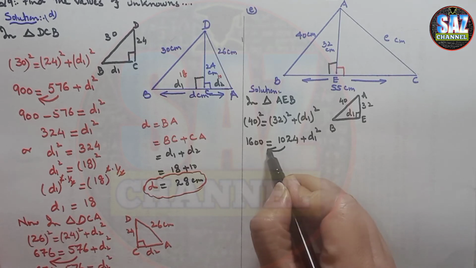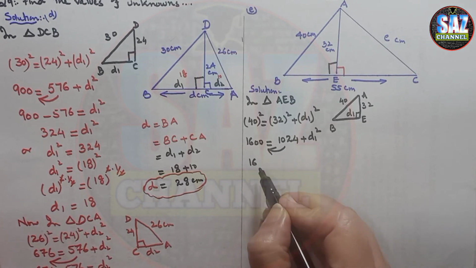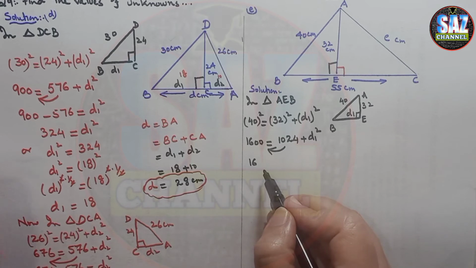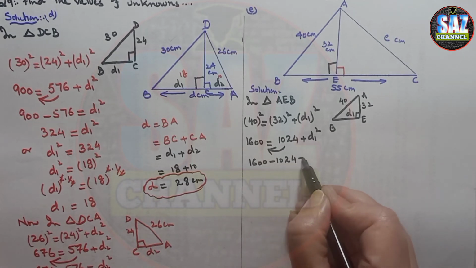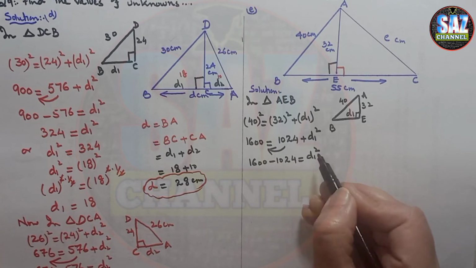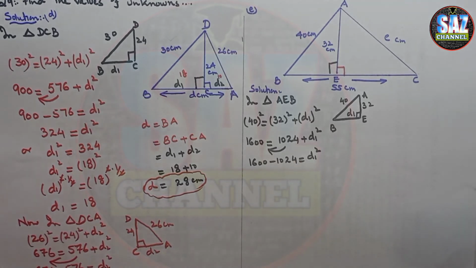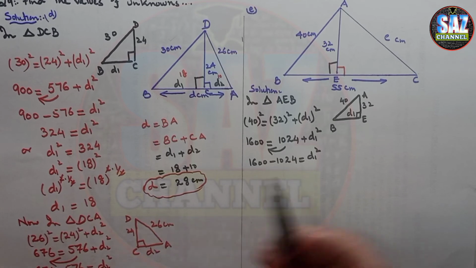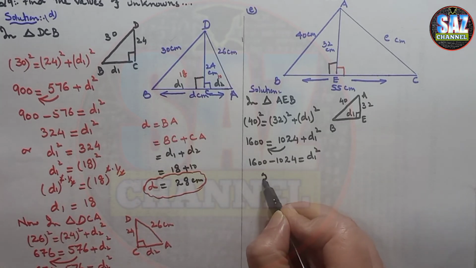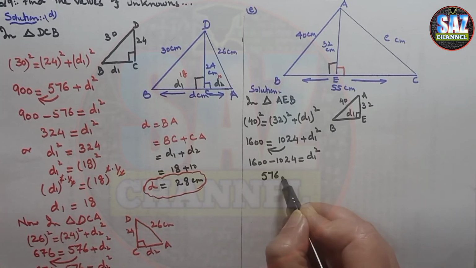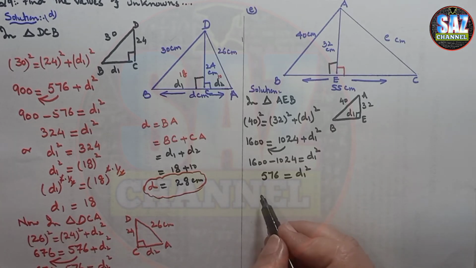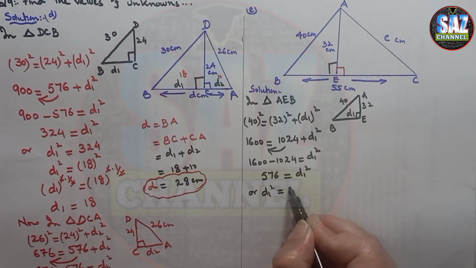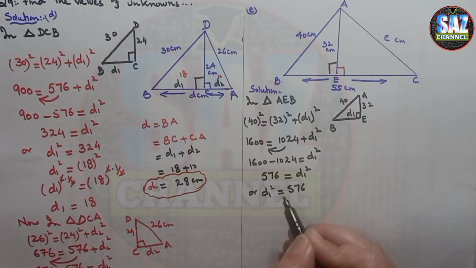Shift 1024 to the other side, and the equation will take the form 1600 minus 1024 equals D1 square. This is 576. Now recall the number whose square is 576, or I can write D1 square equals 576.